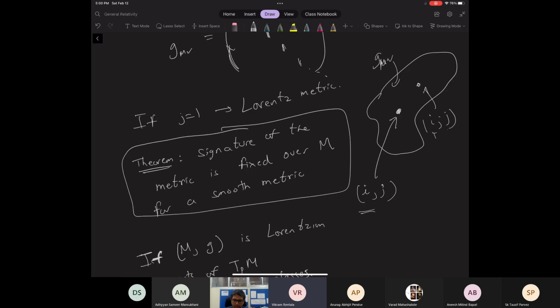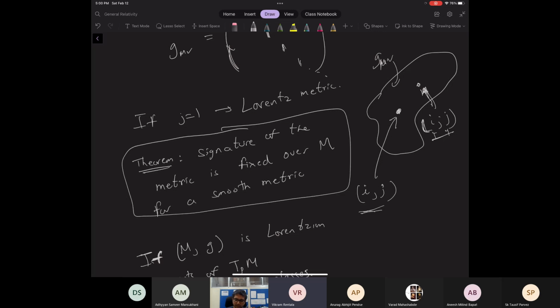That is, the number of positive eigenvalues and the number of negative eigenvalues cannot change from point to point. A non-degenerate metric is one where the components of g mu nu are of maximal rank, that is, they're linearly independent, or there are no zero eigenvalues. If at no point does the eigenvalue go to 0, then over the entire manifold the signature of the metric remains the same. And that's easy to understand.